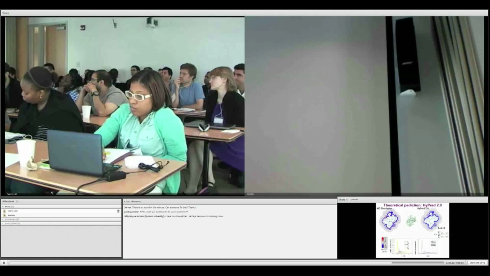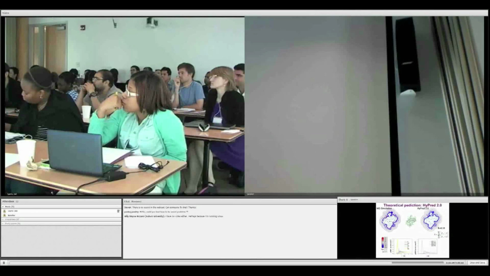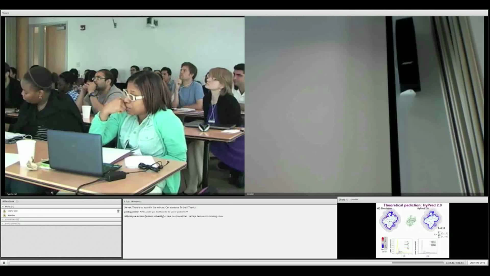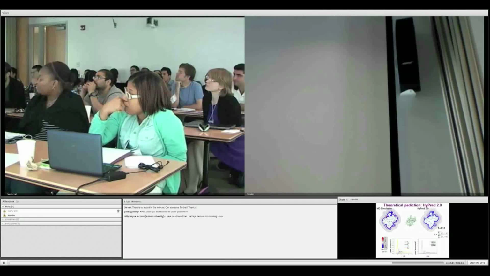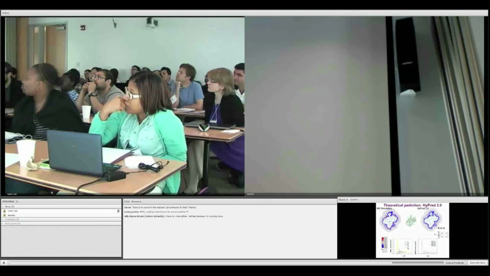Then beyond this enhanced layer, you have a depletion layer and then a slight enhancement layer. So this is coming from all-atom MD simulations. We've frozen the protein to make this stuff much clearer.